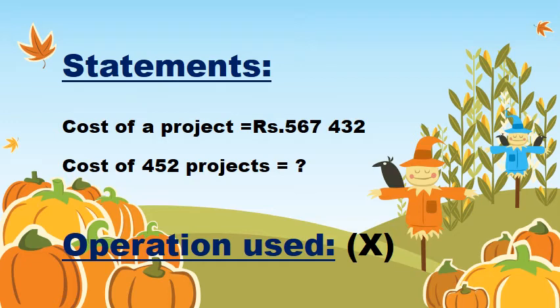Now, first write the statements. Cost of a project is equal to rupees 567,432. Cost of 452 projects is equal to question mark.